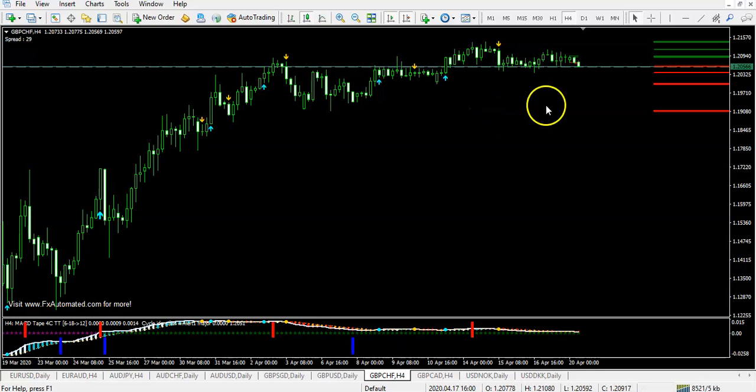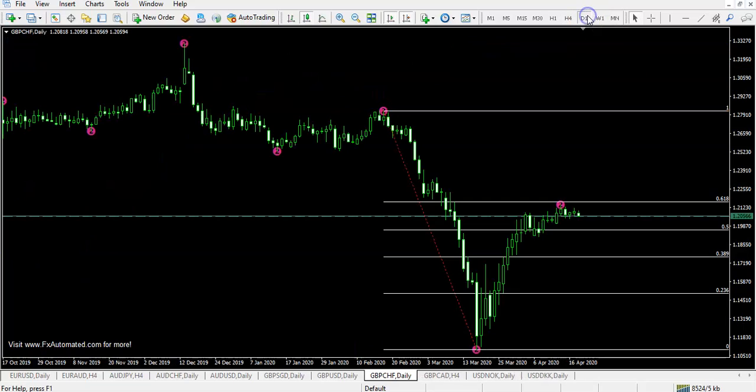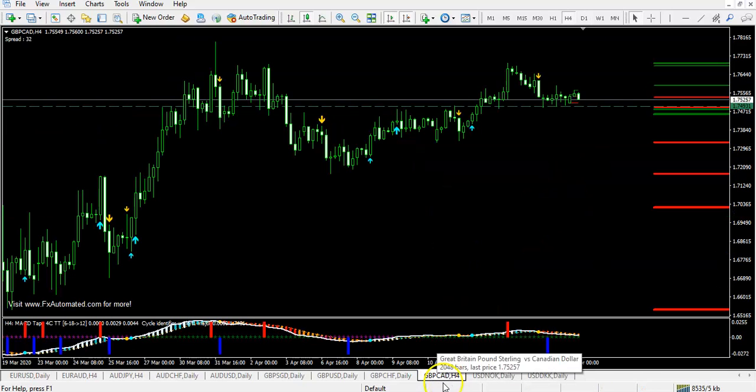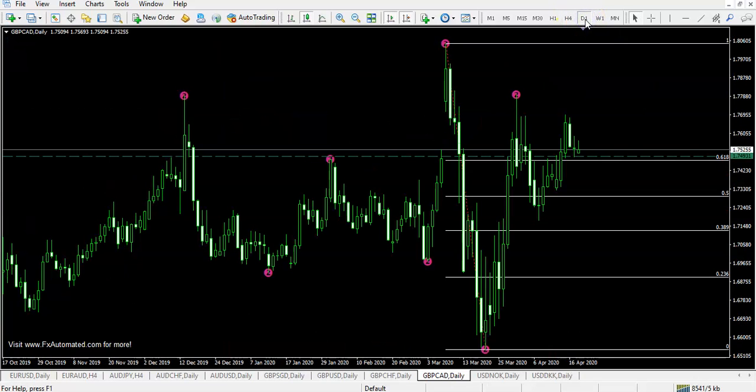Don't want to look crazy. So, educational purposes. Not signals. These are not signals. Double top in the 618 zone above it.